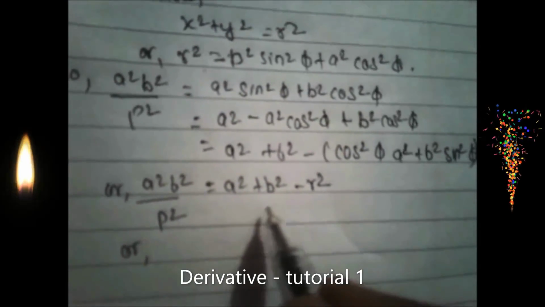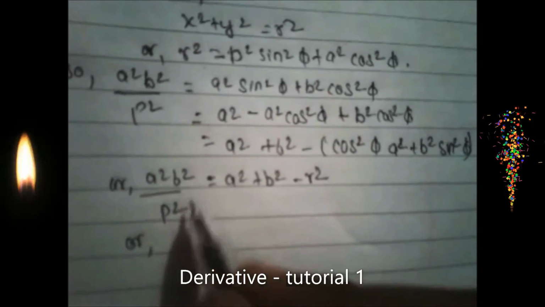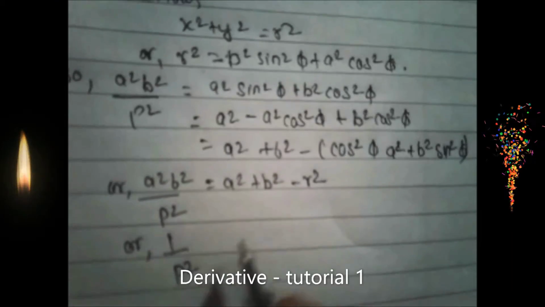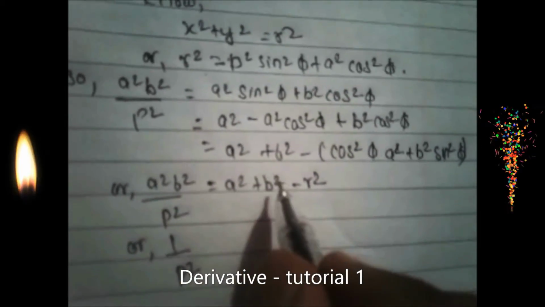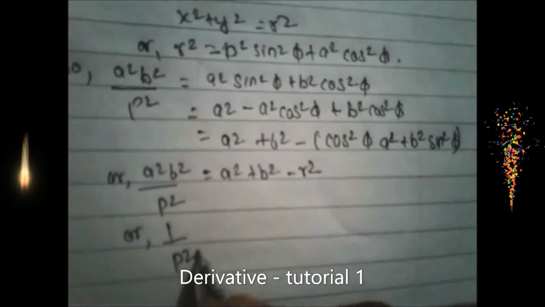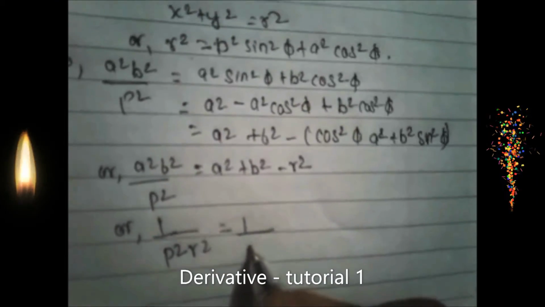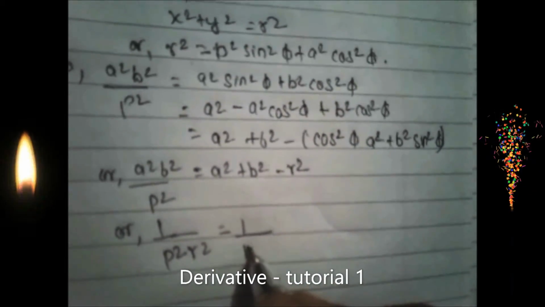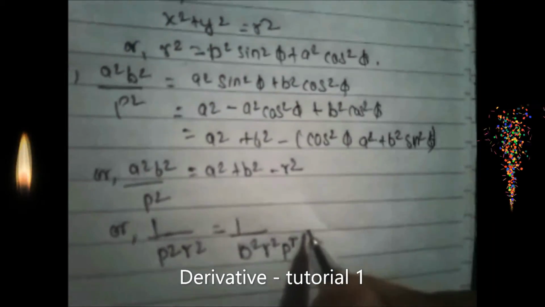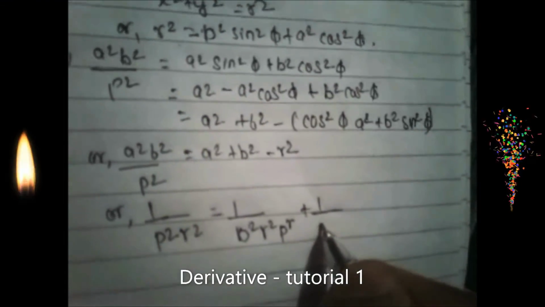Now we divide by a square b square on both sides. What we get is 1 upon p square, or a square b square by r square, is equal to 1 upon b square plus 1 upon a square.